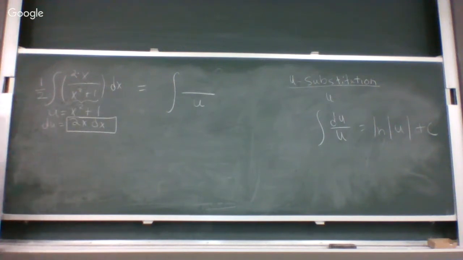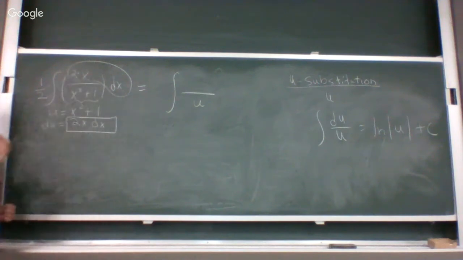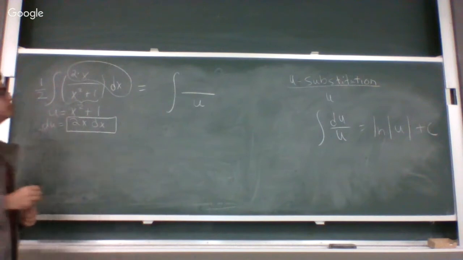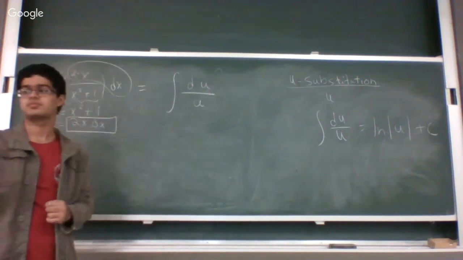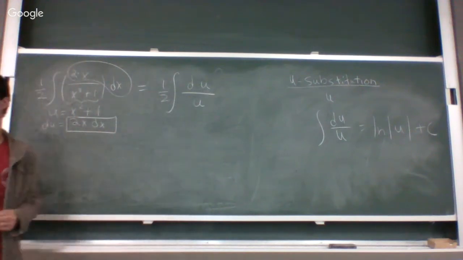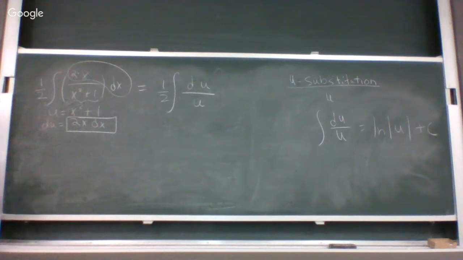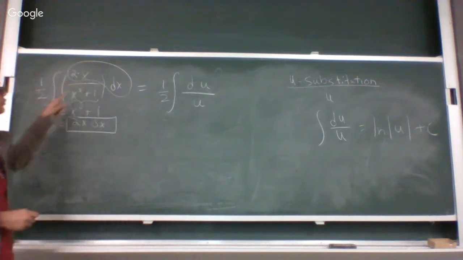Because now we have what we were looking for, 2x dx on top, which is the same thing as a du. So we can just write du over u times 1/2. Because this is still equivalent. If we were to sub in u and du, we'd have the same thing.